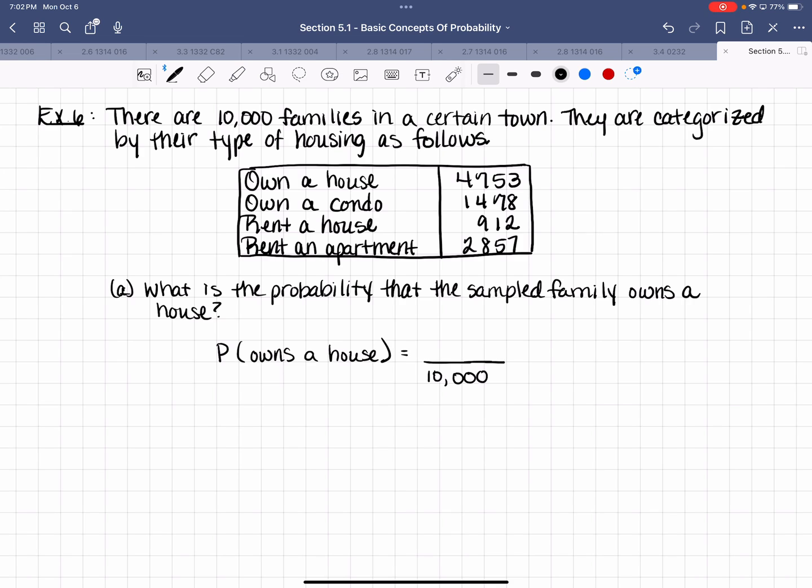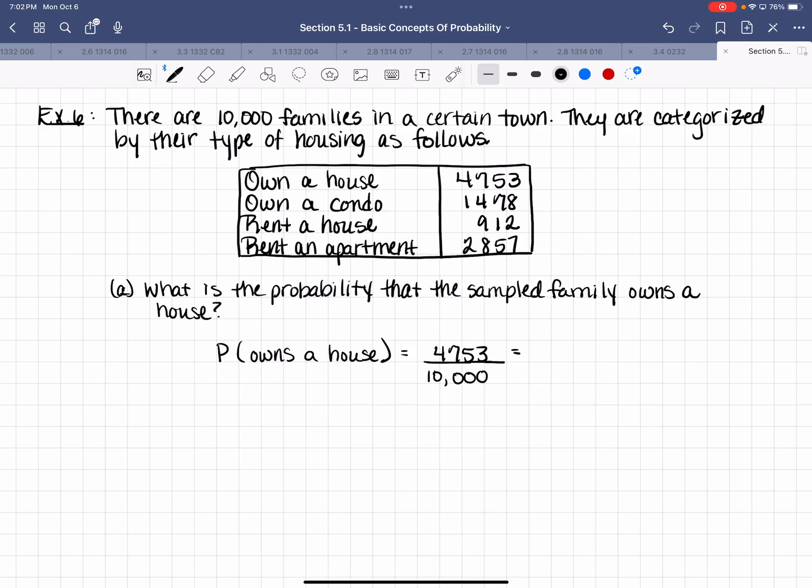The probability that out of these 10,000 different families, I select one, what's the probability that that family owns a house? How many different families own a house? 4,753.